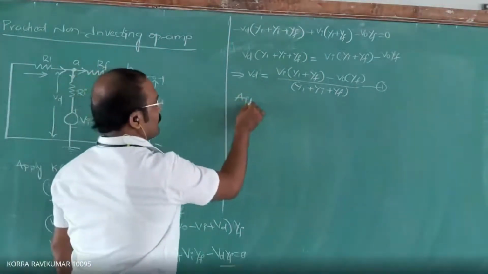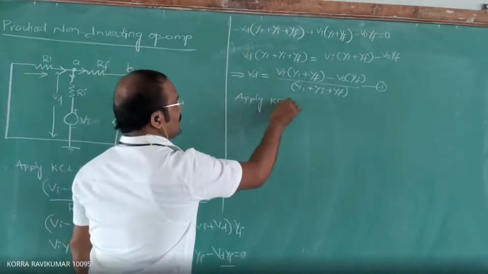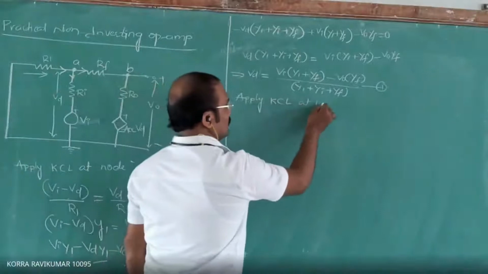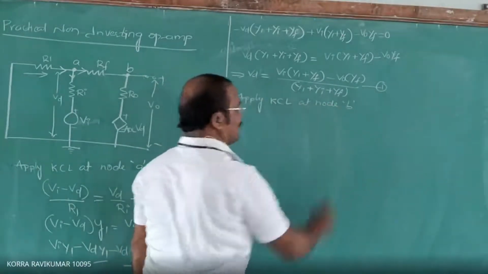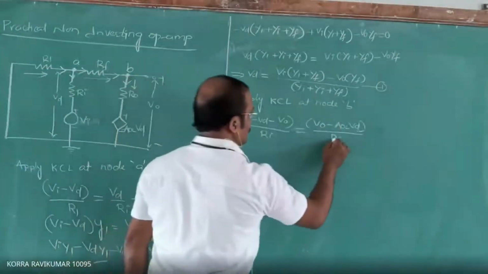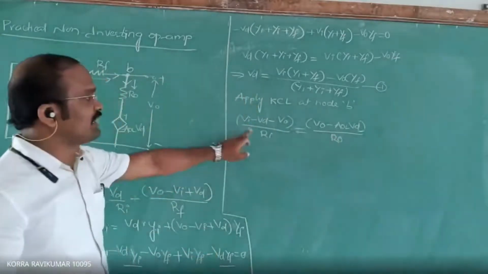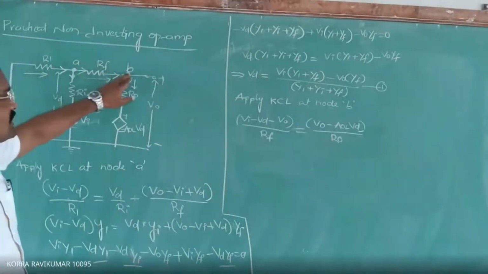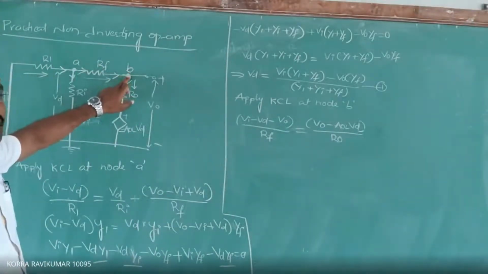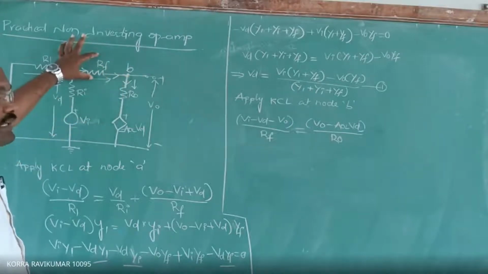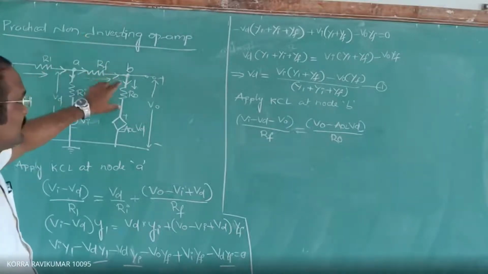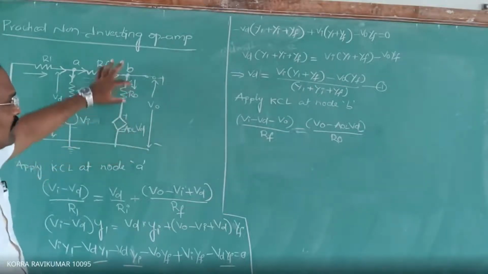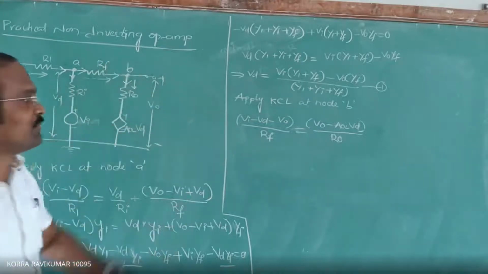Current entering the node, that is Vi minus Vd minus V naught by the feedback resistance, is equal to the current leaving the node, V naught minus AOL into Vd by R naught. Now simplify it.